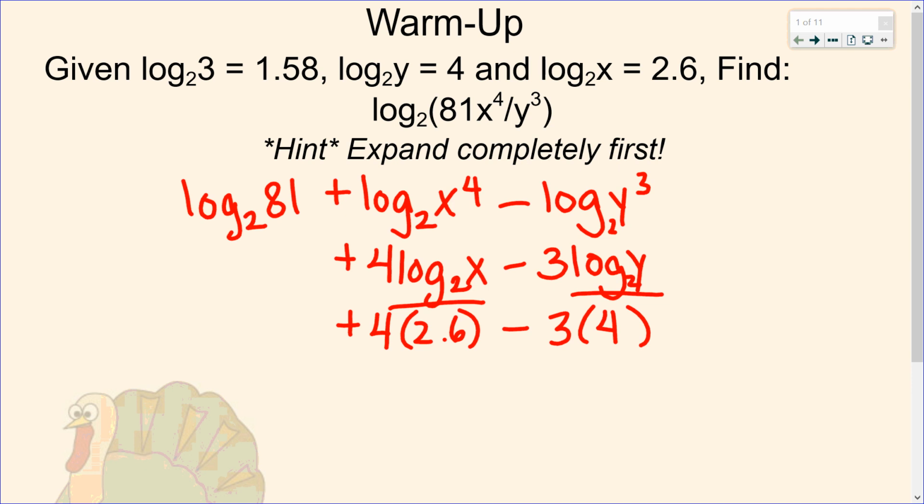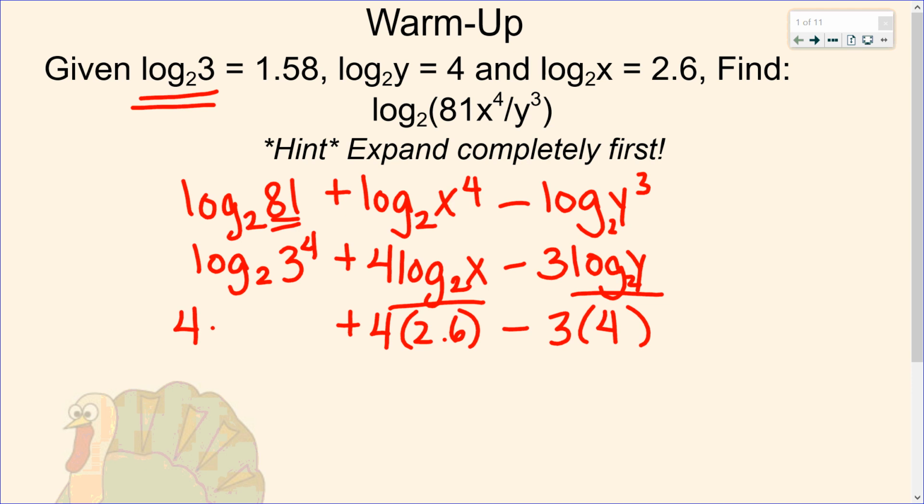The only issue we're going to run into here is the 81. The only piece of information I'm given about a log of a number is log base 2 of 3. So you have to figure out how you can write 81 in terms of 3. It is 3 to the fourth power. And if I write it like that, what can I do with that power? Bring it down in front.